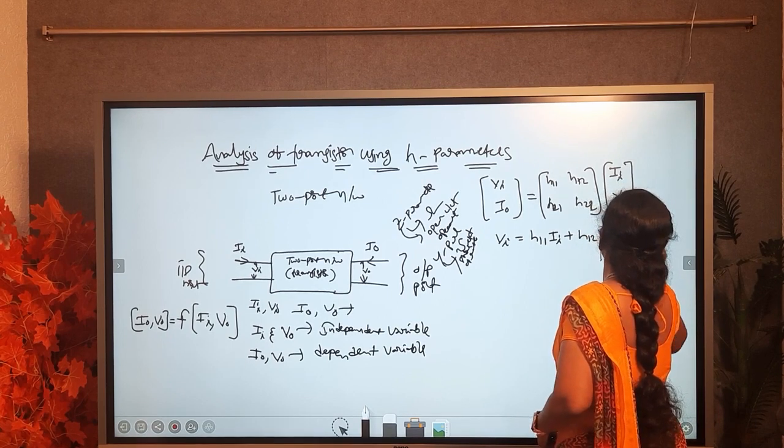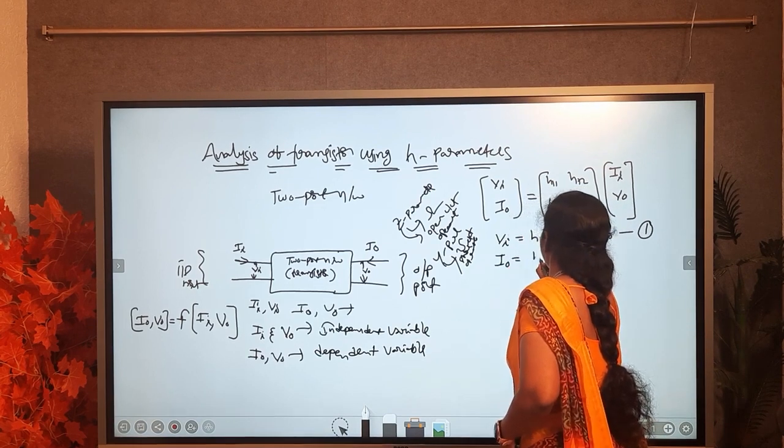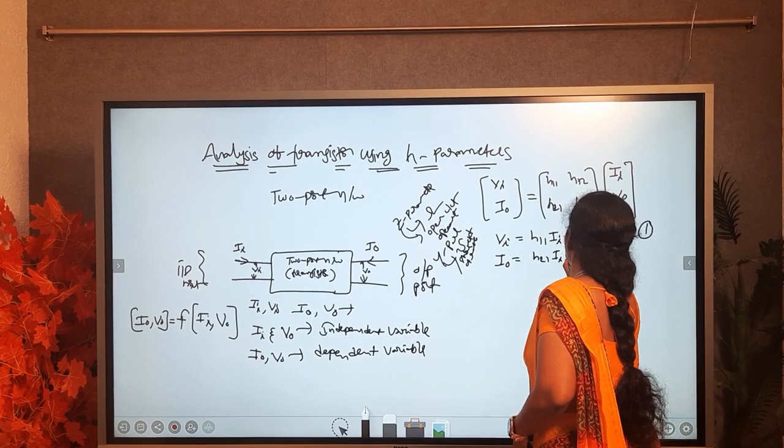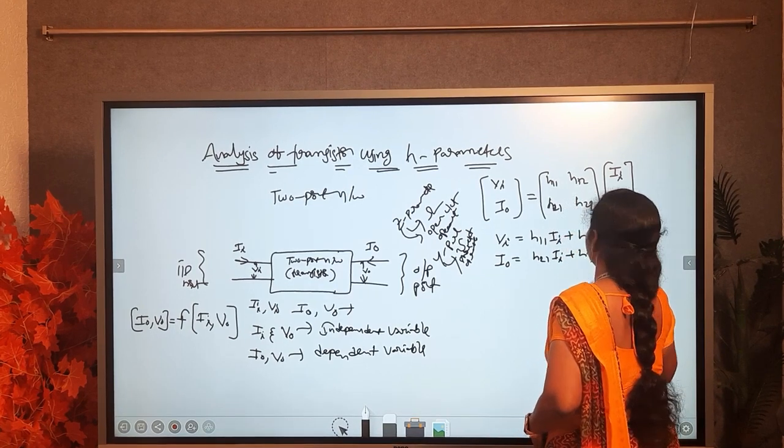This is equation number 1. Then I0 equals H21 Ii plus H22 V0. This is equation number 2.